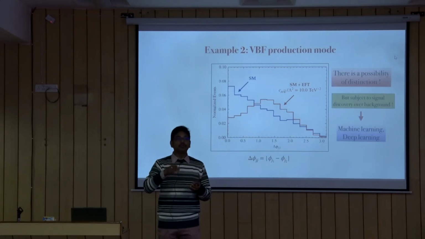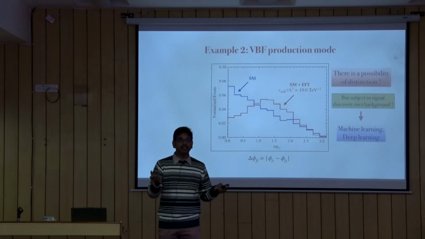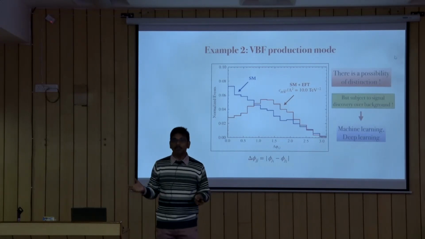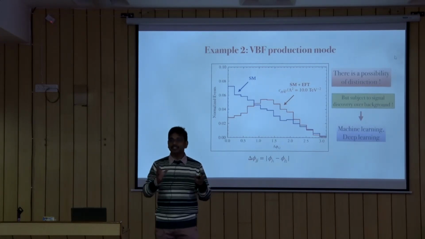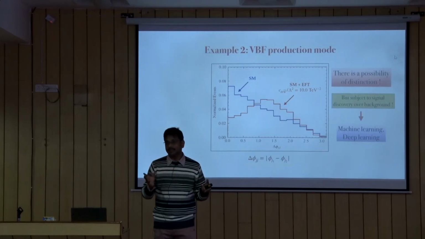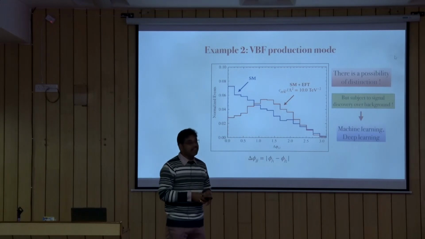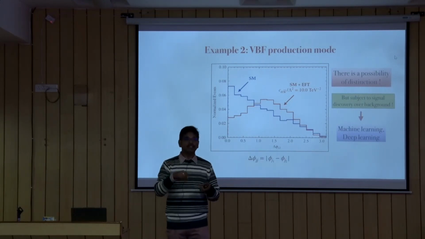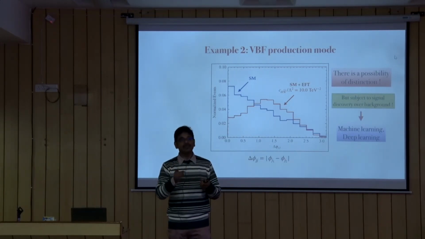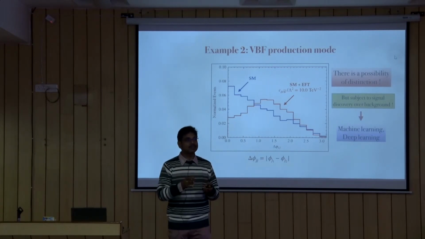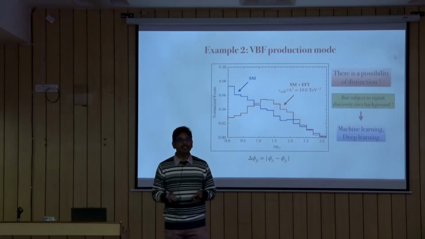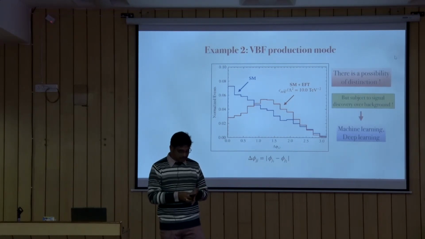Use those to feed the machine learning tool that you are using, and it will choose a combination of those variables which segregates signal and background best. You just have to know how to do that, and once you do that, then you ask the question: can I now distinguish between the pure standard model contribution and the standard model plus effective operator contribution? This is the procedure by which a realistic calculation proceeds.